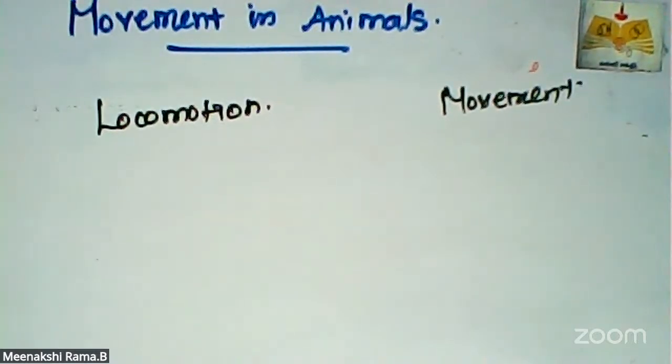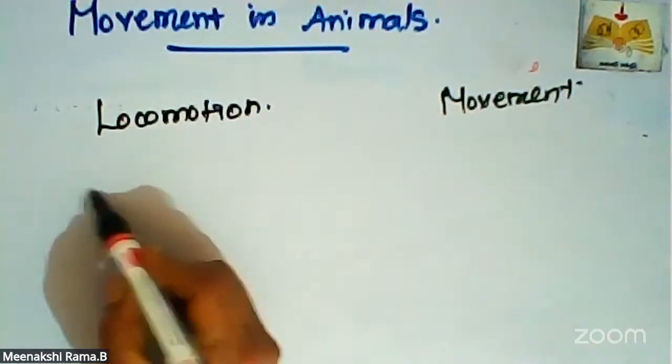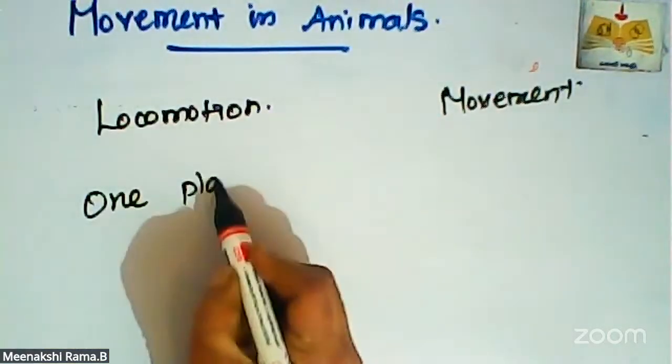So now, what are the differences between locomotion and movement? Locomotion is the movement of an organism from one place to another.